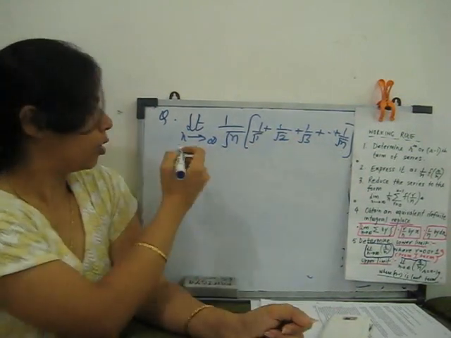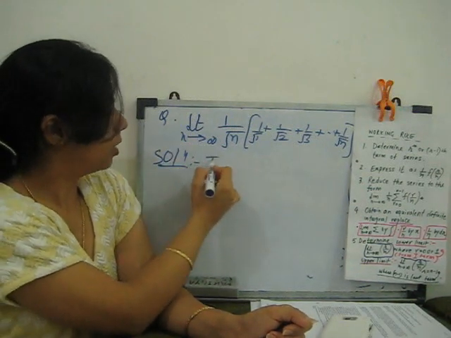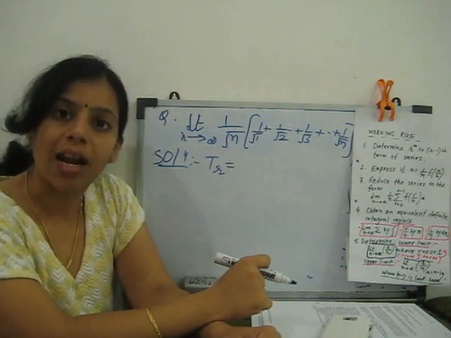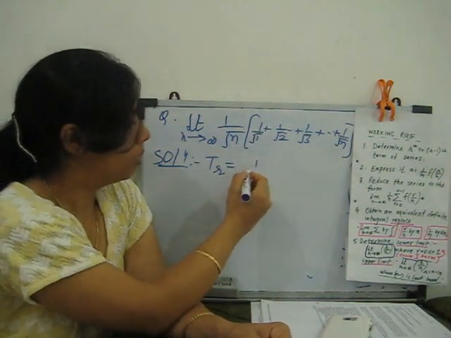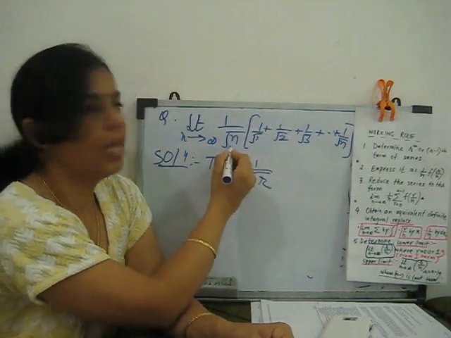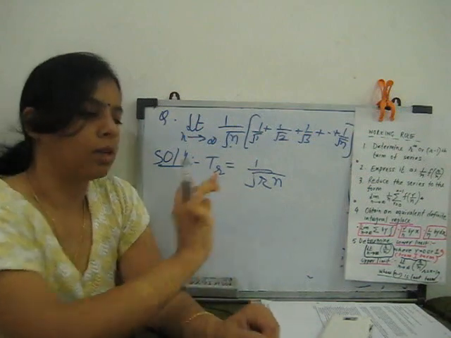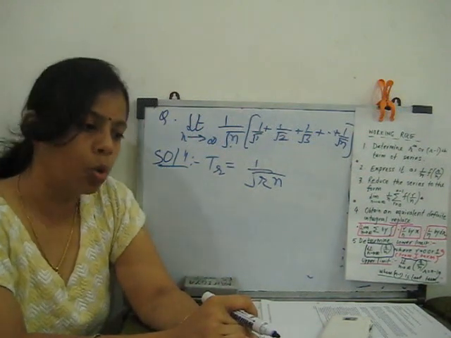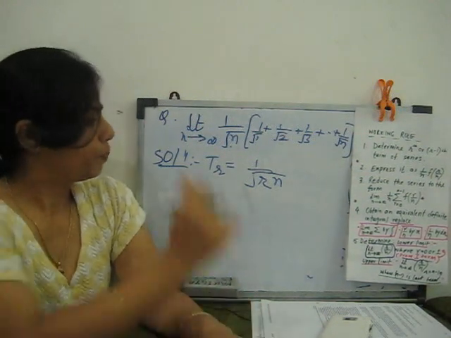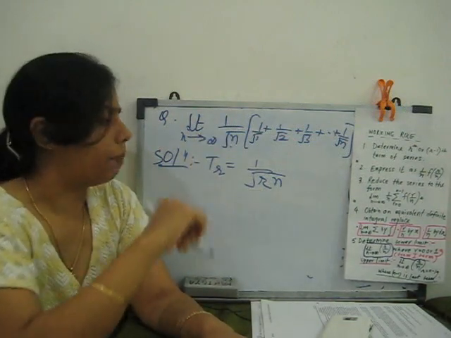If you want to find the solution, step 1 is the general term. The rth term is 1 by root r, and this 1 by root n is with every term, so the general term is 1 by root r root n. Again we have to express this in the form 1 by n, r by n.